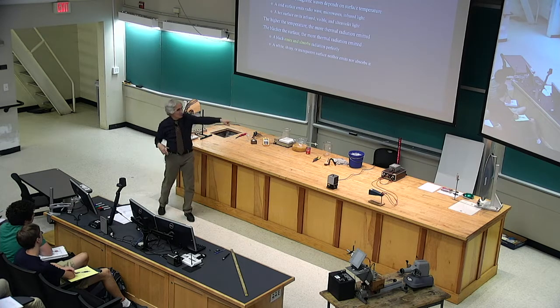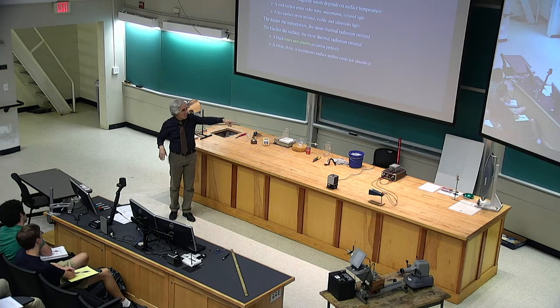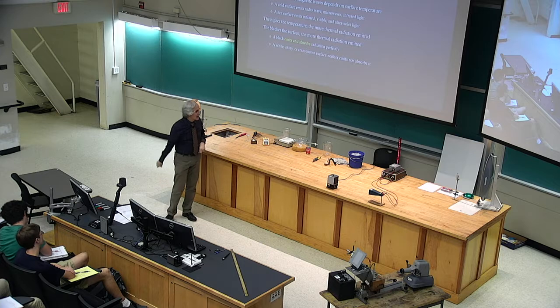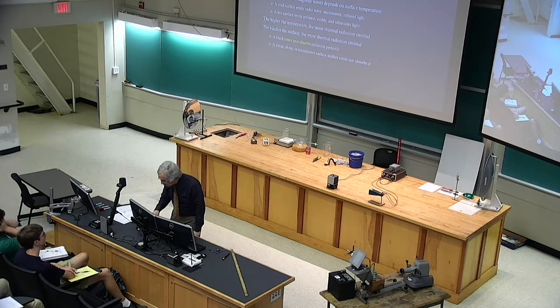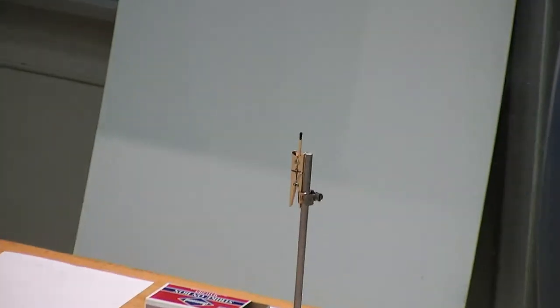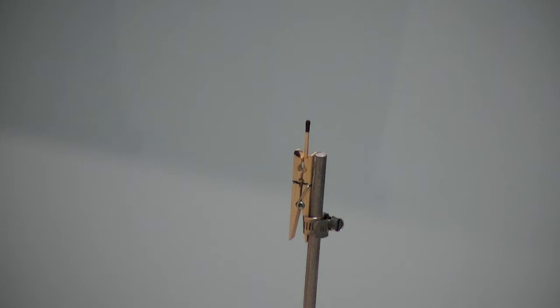Off it goes. It goes across the room into that reflector where it will be focused down by the curvature of the reflector on a match. And so you get to watch the match. Here we go. One. There's the match. And so we can light a match at a distance. Ready? Get set.